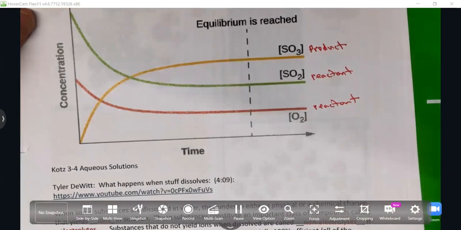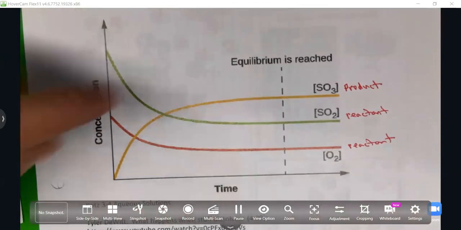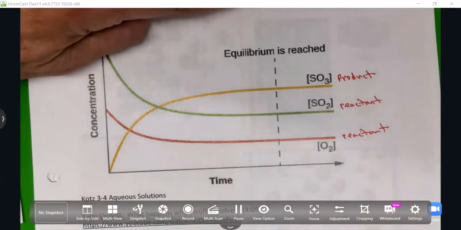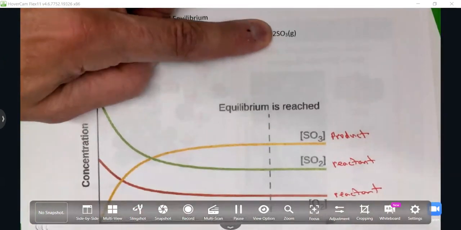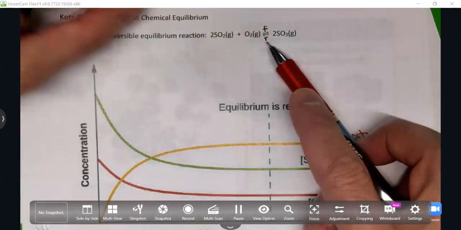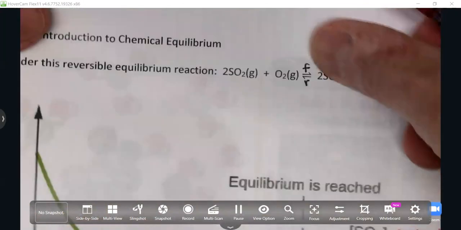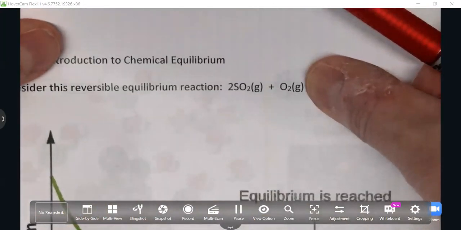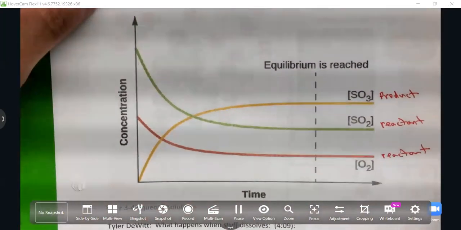So it looks like this reaction starts. Now there's two ways to start it. You could start with just SO3 and let the reverse reaction take place, or you can start with both reactants. And in this case, this starts with both reactants, right?